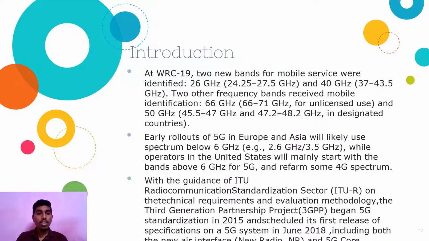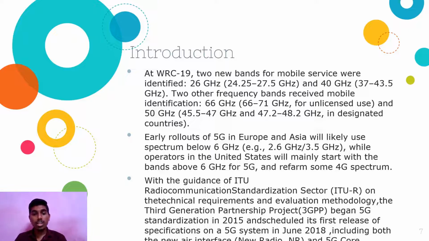At WRC-19, held in 2019, two new bands for mobile services were identified. Early rollouts of 5G in Europe and Asia will likely use spectrum below 6 GHz, while operators in the United States will start with the bands above 6 GHz for 5G and refarm some 4G spectrum.